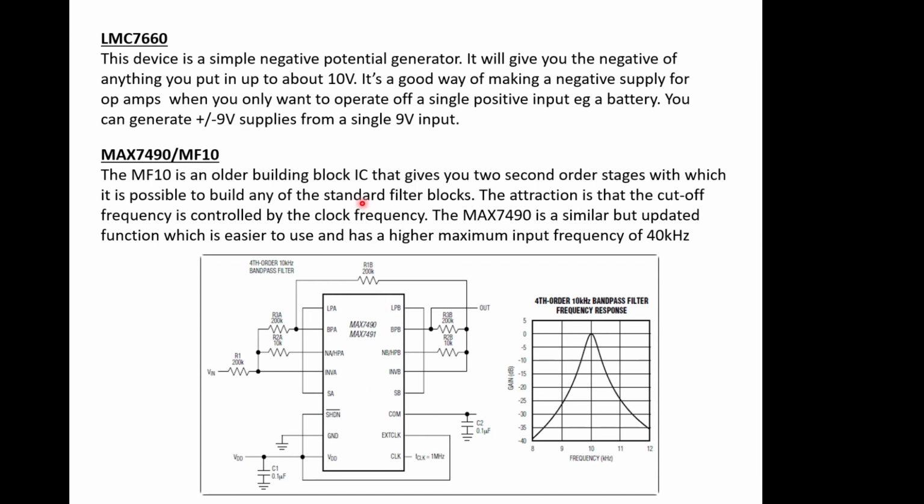And in fact, usually the clock is defined internally as well, and you just control it by a resistance. So you can feed a clock into here, for example 1 megahertz or so, and that dictates the cutoff frequency of the systems that can then be designed. And all you do is tweak these resistances a bit on the outside to give you what you want. Refer to the data sheets for more detail on this kind of thing.